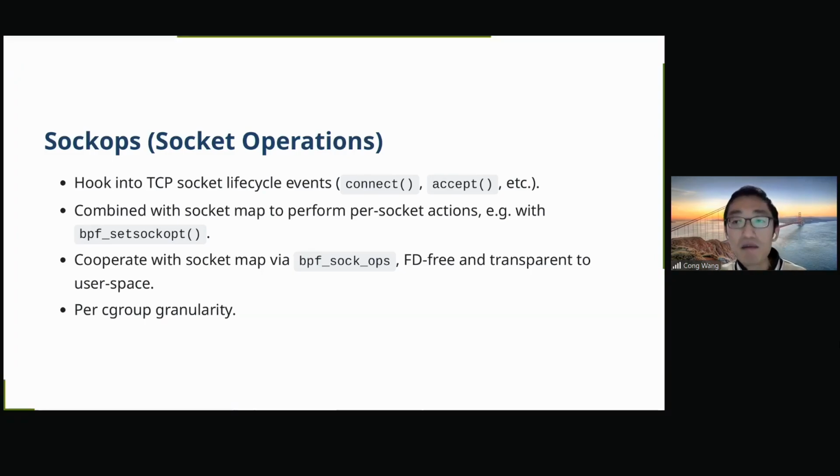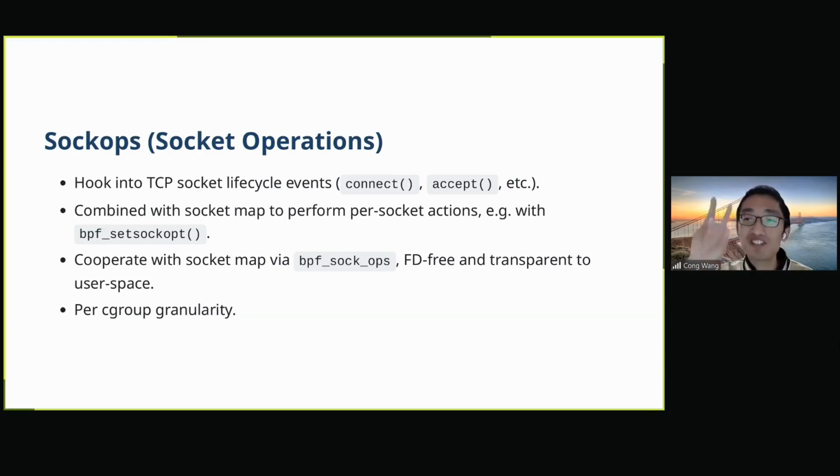And like I mentioned, it is typically combined with the socket map. They collaborate together with one particular concept called the BPF socket ops. This one is supplied by the socket ops.